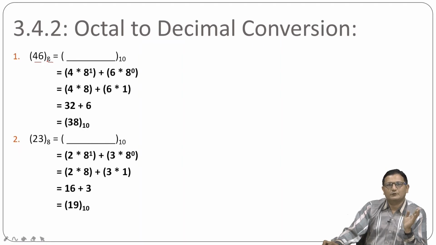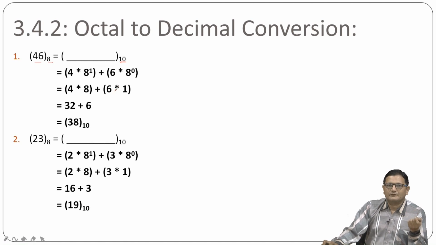Now suppose we want to convert it into decimal, right? In the previous example we took a decimal number and converted it into an octal number. But now in this example you have an octal number and you are converting it into a decimal number, right? So here there is a fill in the blanks and base 10 is given, which means you just need to convert this number into decimal form.